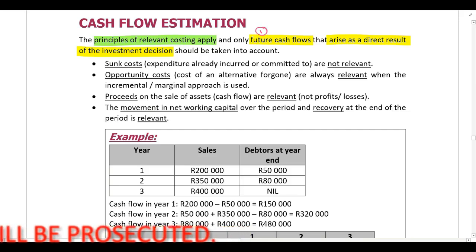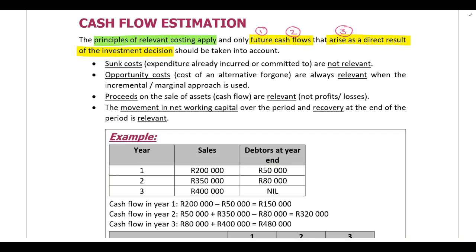Firstly, we are only looking at future cash flows, so any money that was spent in the past is not relevant. Secondly, they must be cash flows, so depreciation is not a cash flow, it's not taken into account. Anything that's not a cash flow is ignored. And thirdly, it must arise as a direct result of the investment. Let's discuss all of this in a little bit more detail.